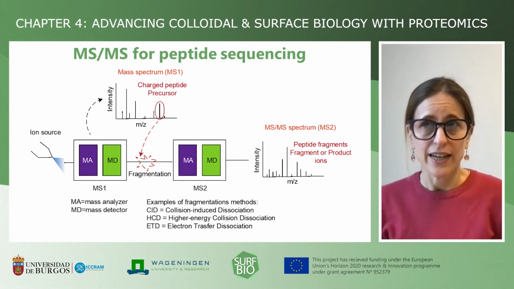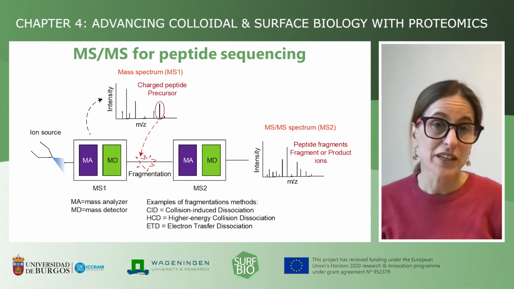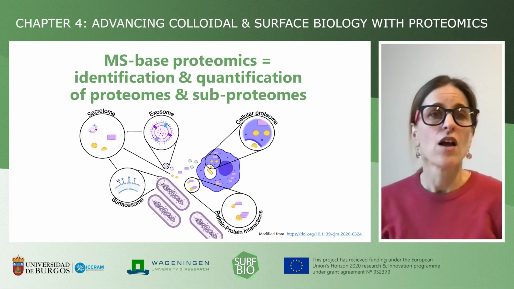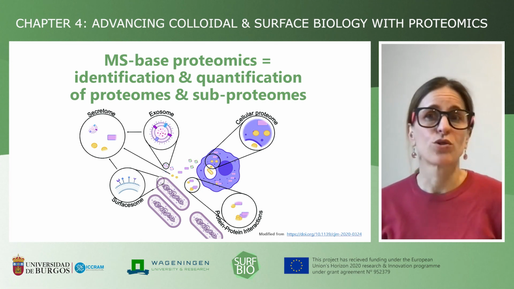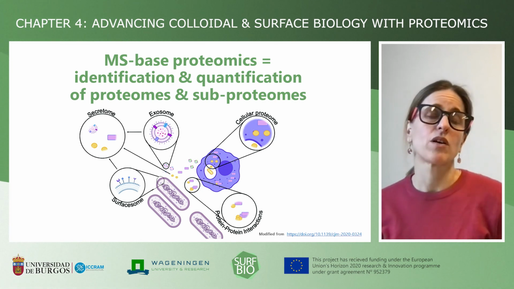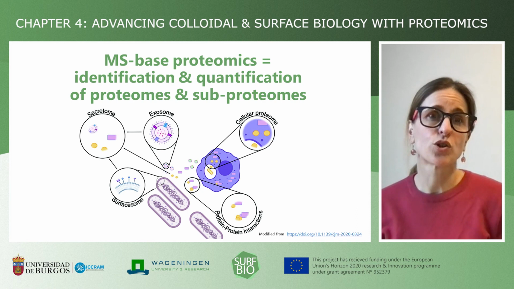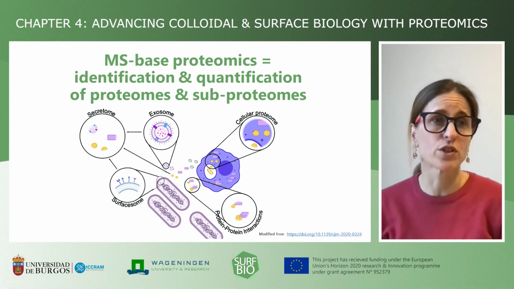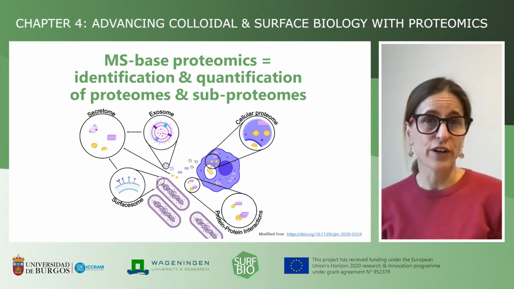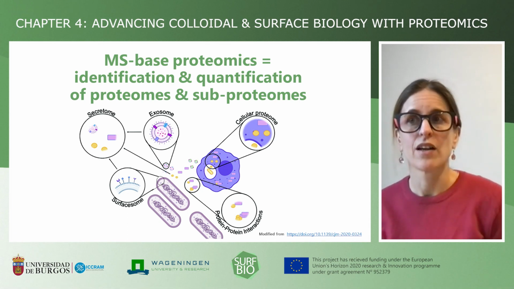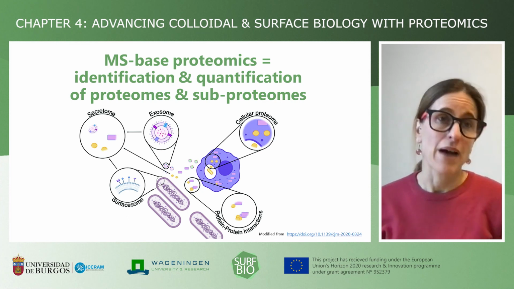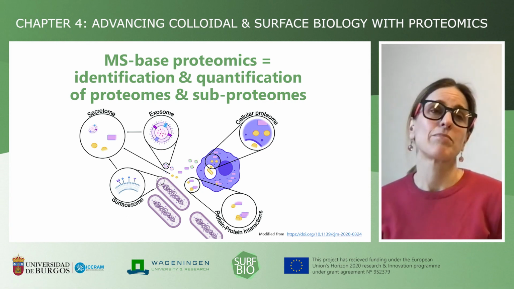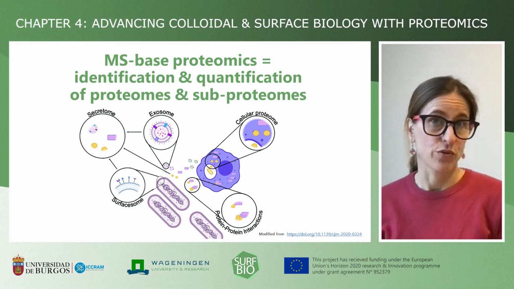Via bioinformatic analysis, we can then retrieve the identity of the proteins. We then have investigated together the three types of subproteomes relevant to colloid and surface biology. Those subproteomes include cellular, surface, and secreted proteins. We have also seen some methods to obtain those subproteomes and factors that might affect their preparation.